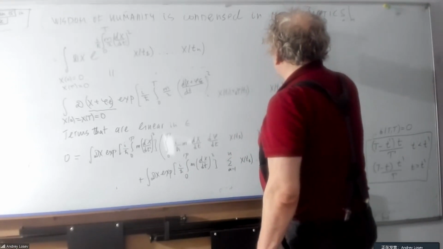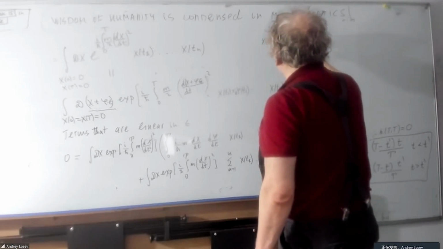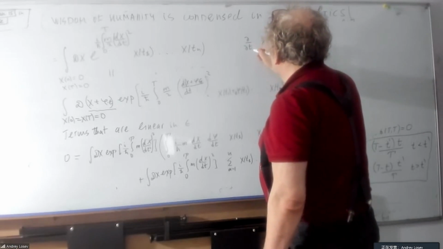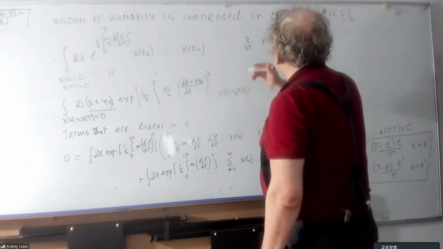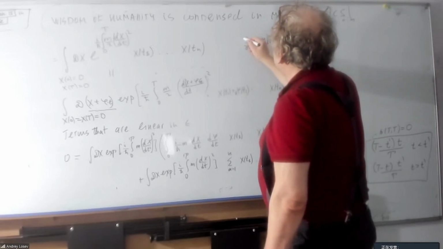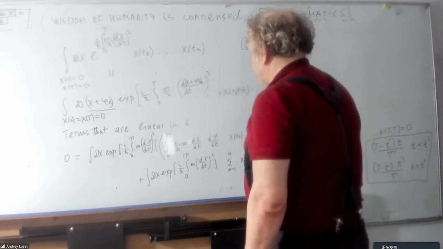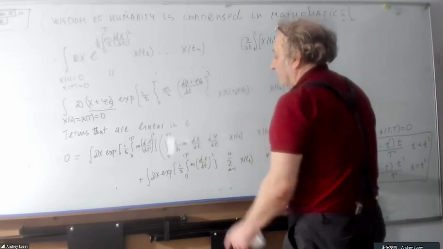X from T1, X from Tn. And if I take the derivative with respect to T1 squared here, I'm getting it integrating by parts.